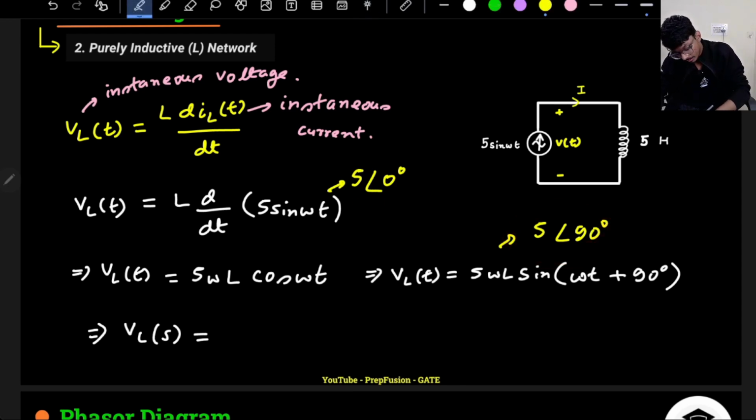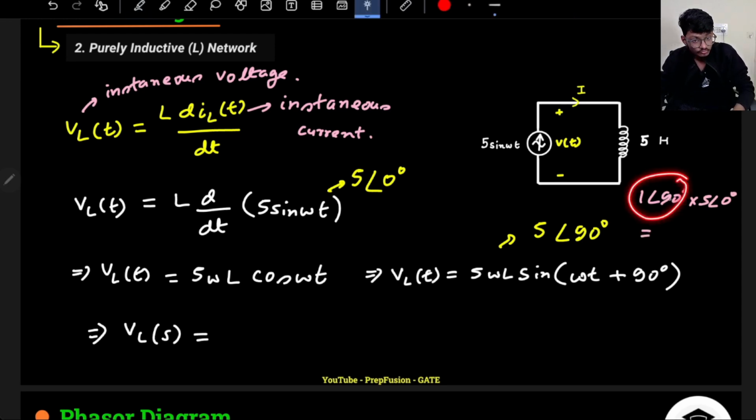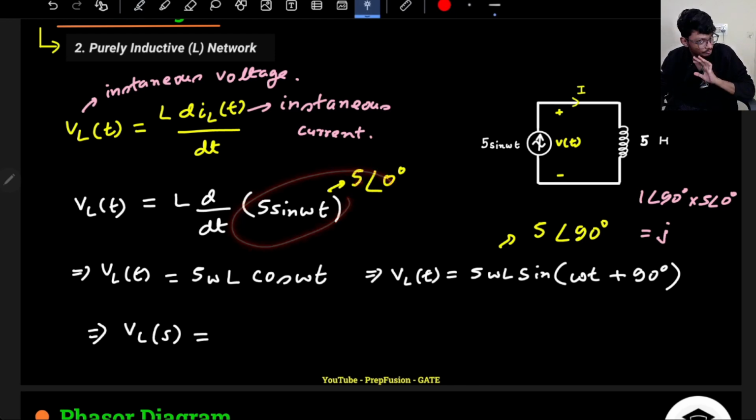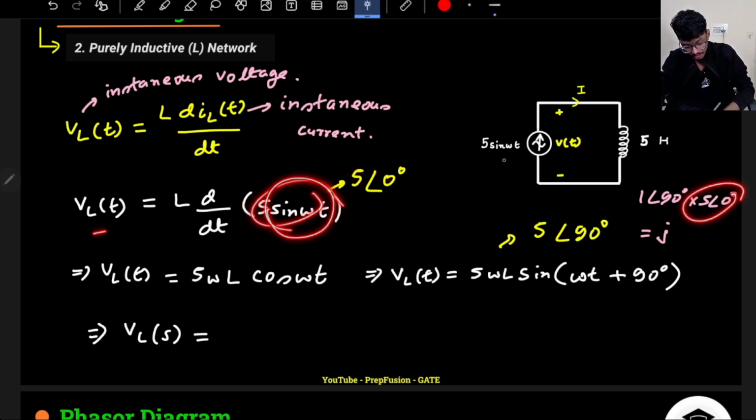If you remember, I have told you that if I multiply 1 angle 90 into 5 angle 0, the angles will get added, correct? And what is 1 angle 90? 1 angle 90 is j. This we have learned in basics. That's why basics is very, very important. And 5 angle 0 is simply I, the 5 sin omega t.